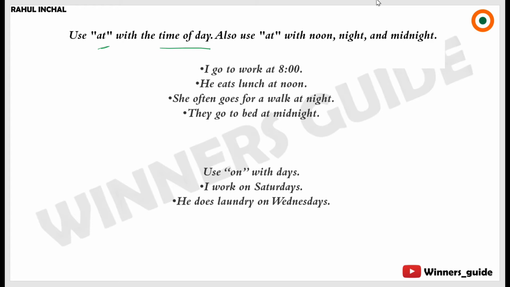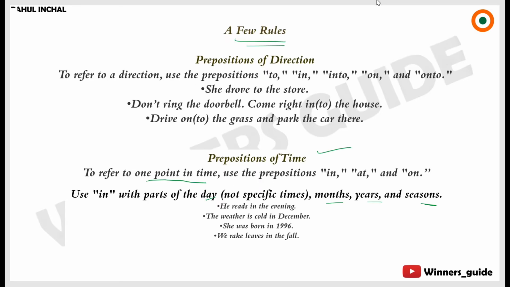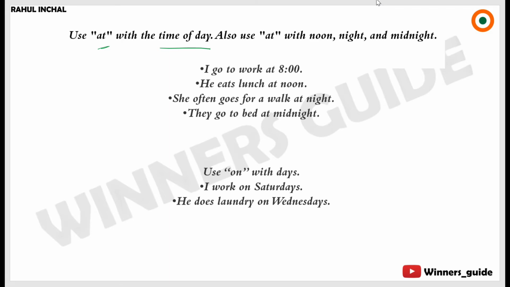Now, this is something that a lot of people make mistakes in, when to use at and in. So now you know prepositions of time: you use the word in when you're talking about the day, month, years, or seasons. And you use the word at when you speak about the specific time of the day. Now, use of on with days.